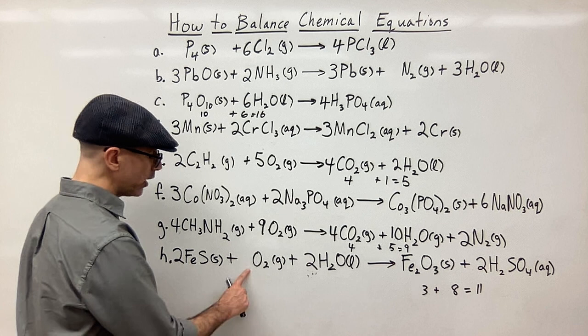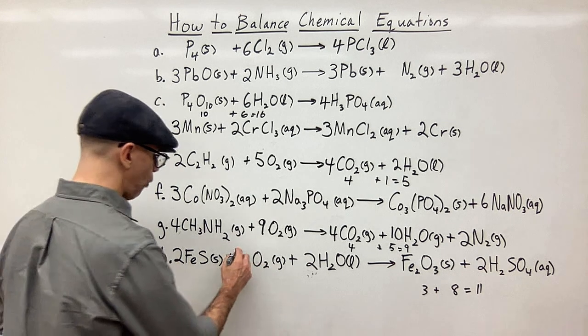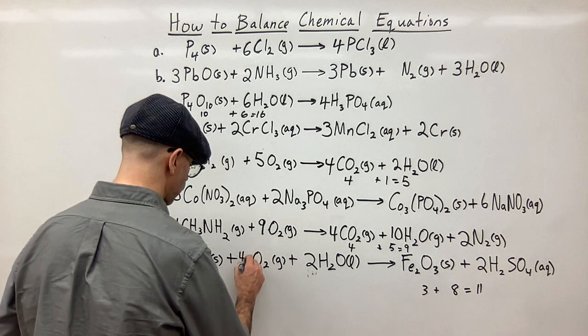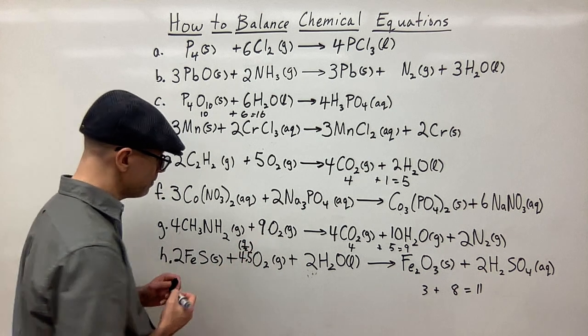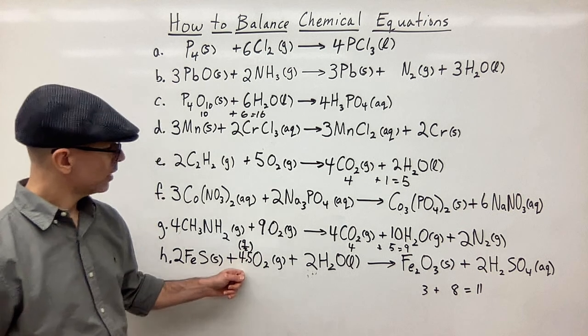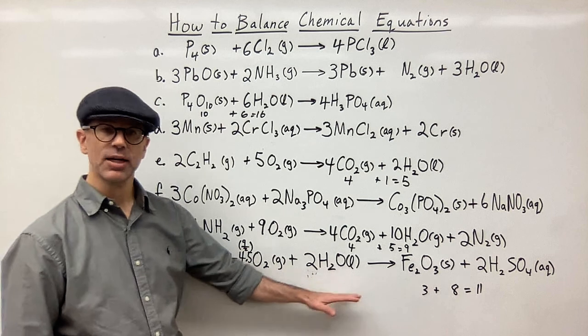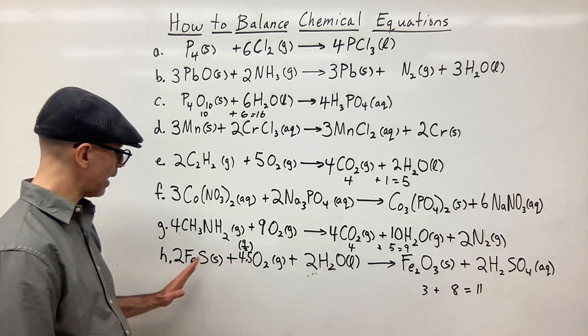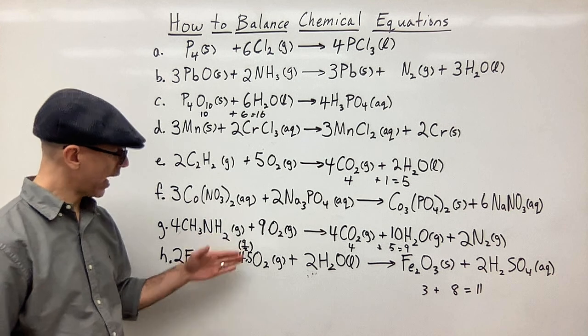So what times 2 is going to give me 9? So we get 4.5 again. So 4.5 or 9 halves, right? Multiplied by 2 gives me 9. 9 plus 2 is 11, so I've got my 11. It's balanced.